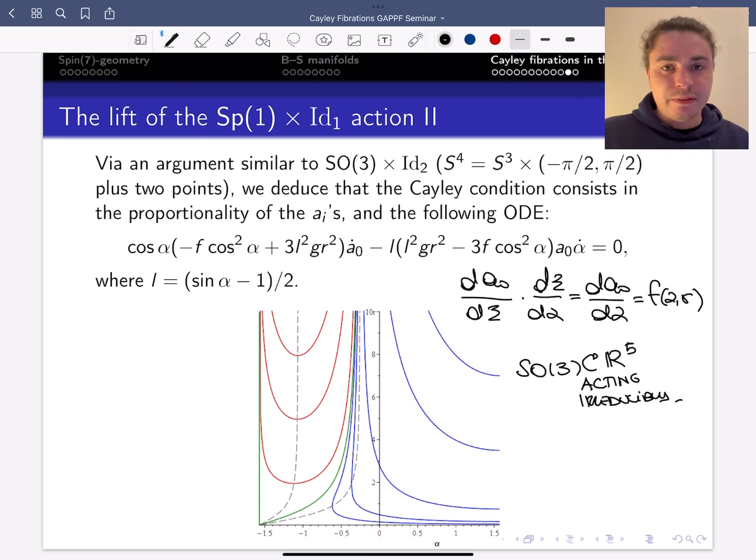However, not even in the flat case. So essentially taking a flat limit of the Bryant-Salamon manifold, seeing the Bryant-Salamon manifold as some kind of generalization of a flat space.